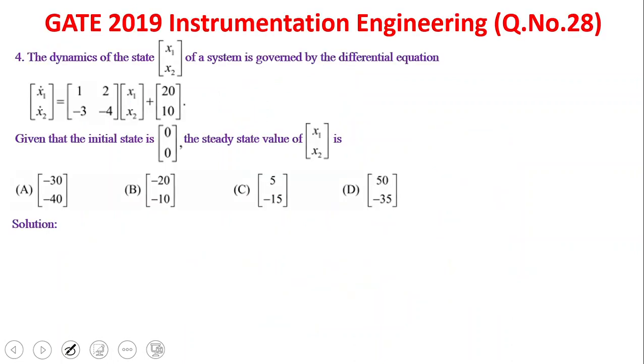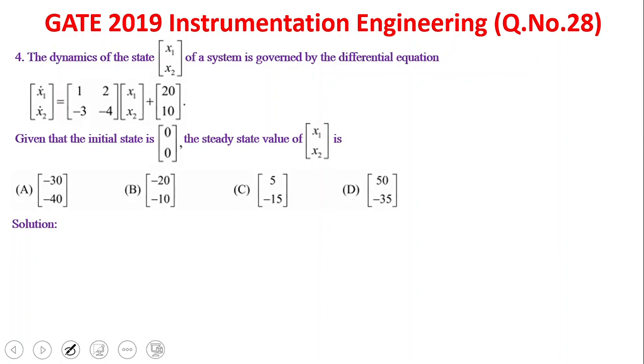Here, almost a similar question, but they are not asking what is x1 of t, x2 of t. They are asking what is the steady state value of x1 of t, x2 of t. That means we have to find the limit t tends to infinity of x1 of t, then the limit t tends to infinity of x2 of t.